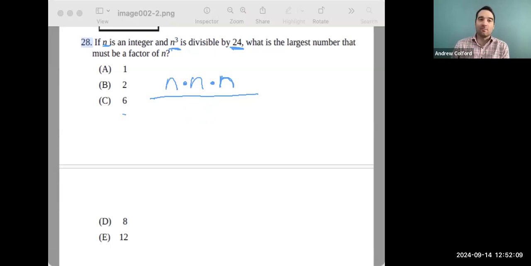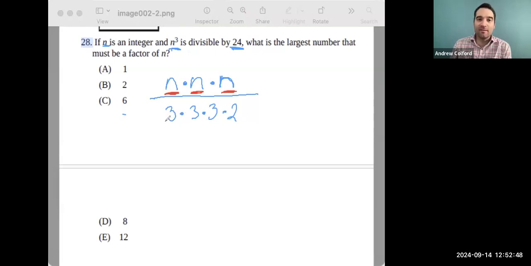Well, let's break 24 down a little bit. 24 is 3 times 3 times 3 times 2 if I do my prime factorization, right? N times n times n is 3 times 3 times 3 times 2, right? Let me ask it this way: what could n be? I need to have at least 3 of the same thing.